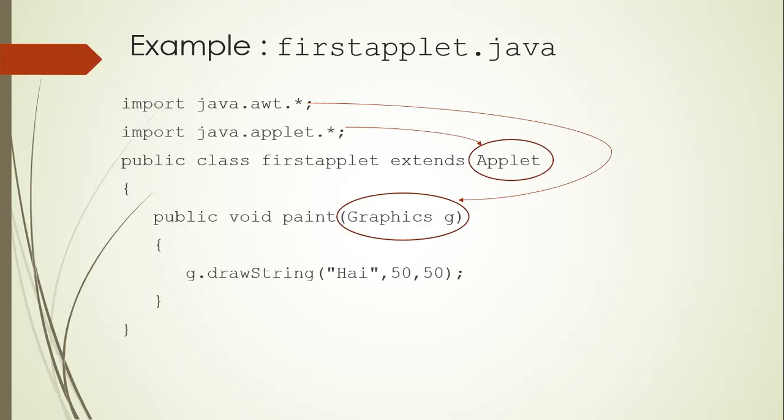So now this particular line prints the message hi at 50 comma 50. This drawString is a method of the Graphics class. That's why I'm using it with the object g. This drawString helps to display the given text on the web browser. Okay, so it's a simple applet program, right?